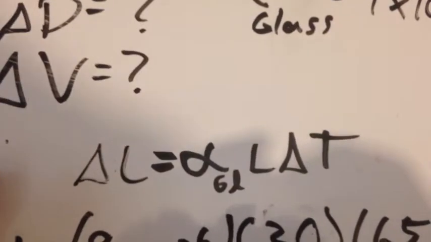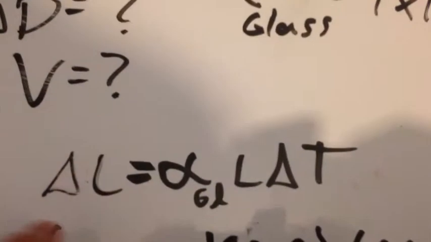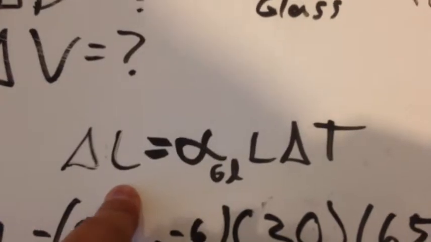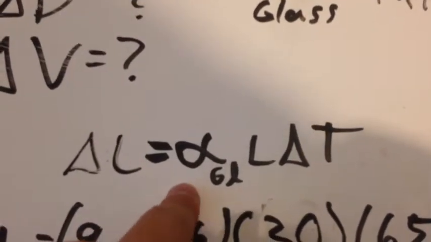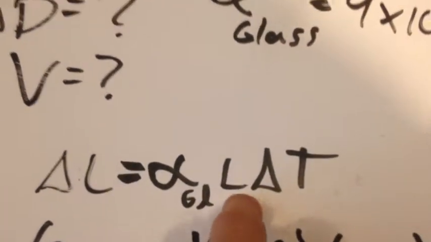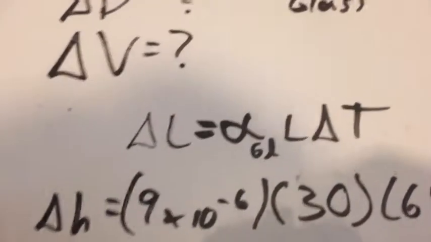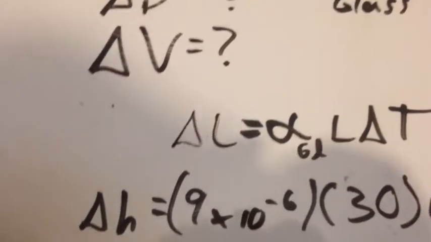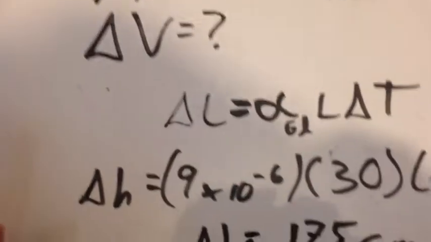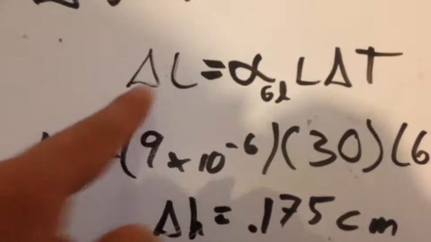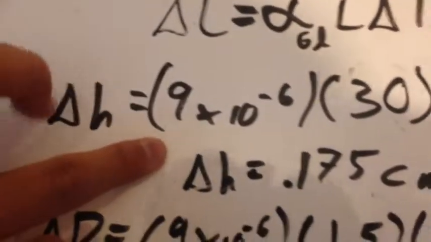We have this little formula over here, which says that the difference of the length equals the coefficient of expansion of the material times the initial length times the difference in temperature. So we're going to apply it to the height and to the diameter. As you see, a length equals a height, which is given to us. So we just apply the formula in here.